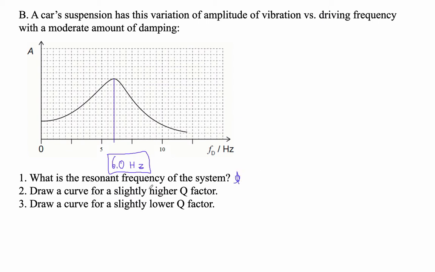All right, draw a curve for a slightly higher Q factor. So this is less damping. Okay, remember that as you increase damping, the curve, the peak gets lower.